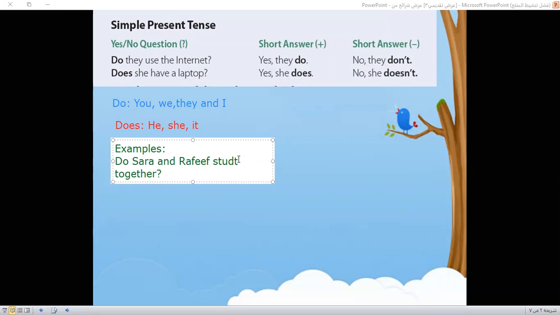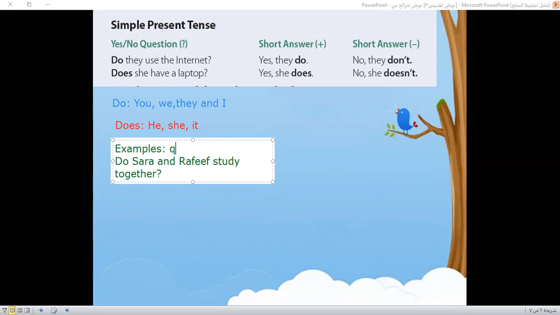I intend not to use the pronouns that we have here because sometimes I have to use two names, and that will be plural, and that will make the question in present simple with the auxiliary verb. So if I say, do Sarah and Rafif study together, this is the question.